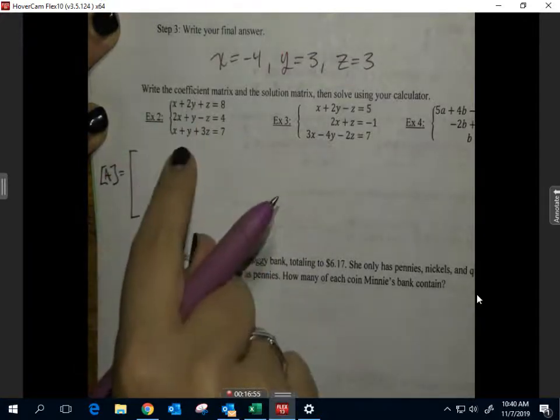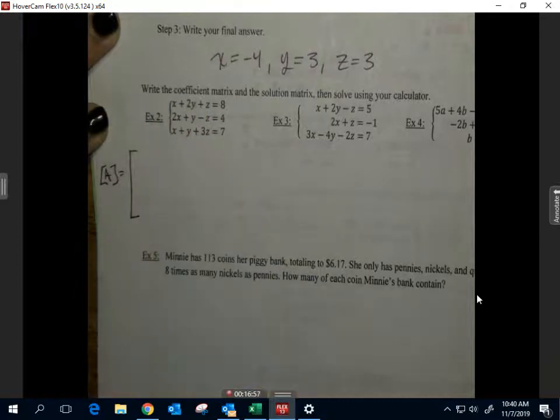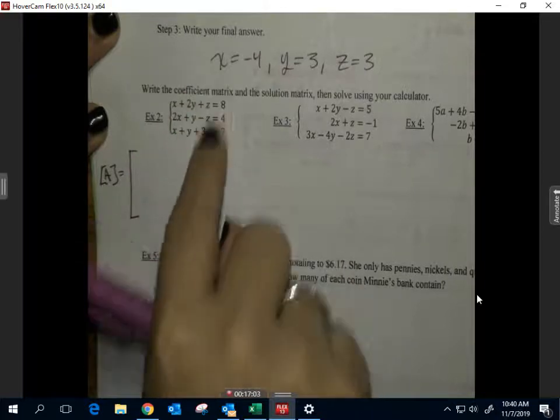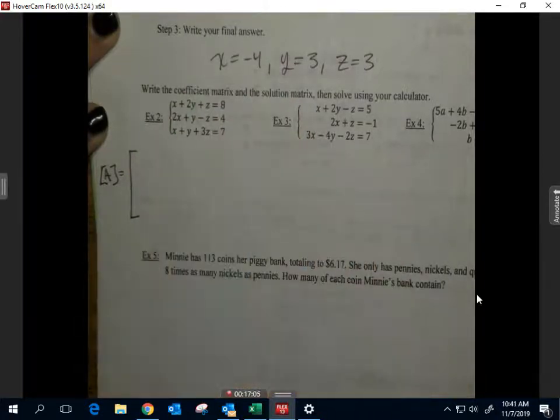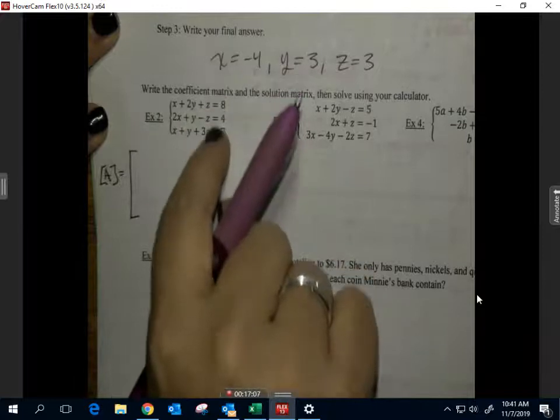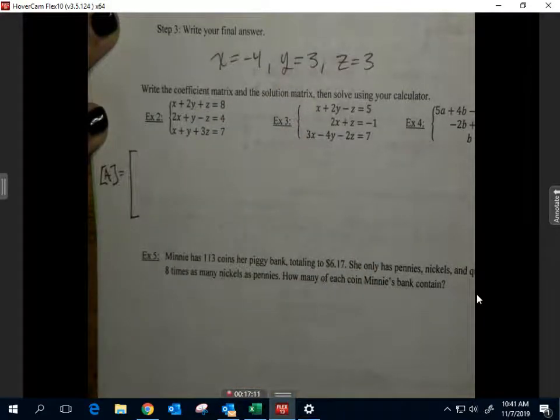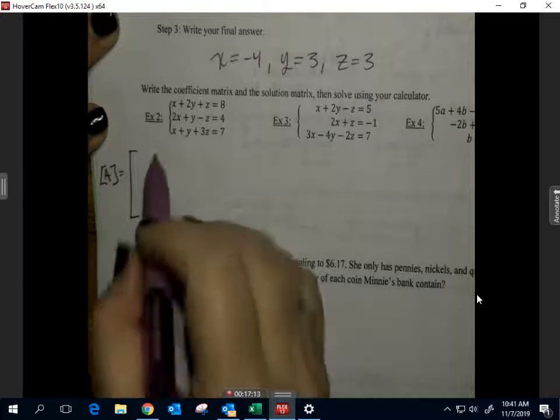So let's make sure our equations are like they're supposed to be. X's are lined up, Y's are lined up, Z's are lined up, and our constants, right? And see our equal signs? See how they're all lined up together? We're good to go.